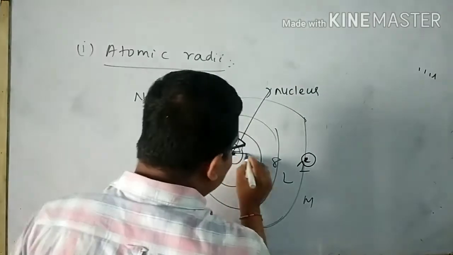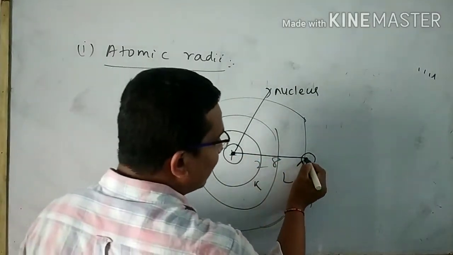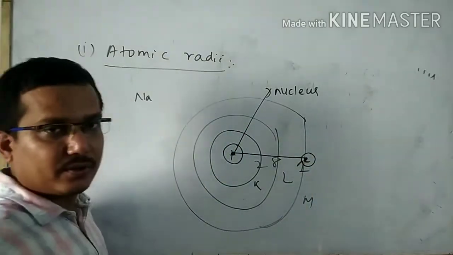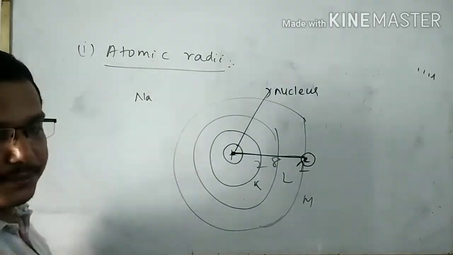Then there is a distance between the center of the nucleus and the valence electron. This distance is called atomic radii.